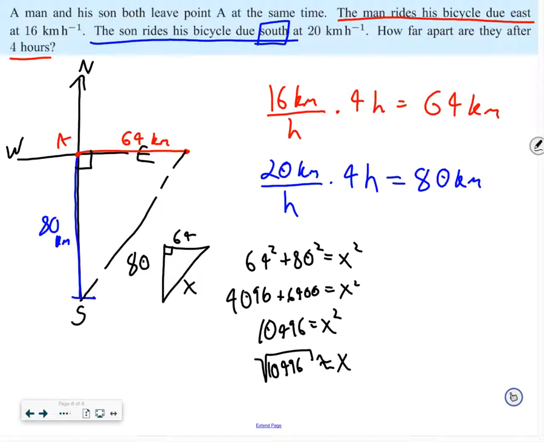Well, that's exact. Then I'm going to approximate it by putting it into my calculator. I get the square root of 10,496, and I get about 102.4 kilometers apart.